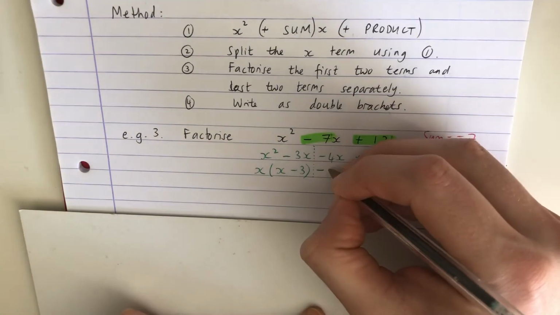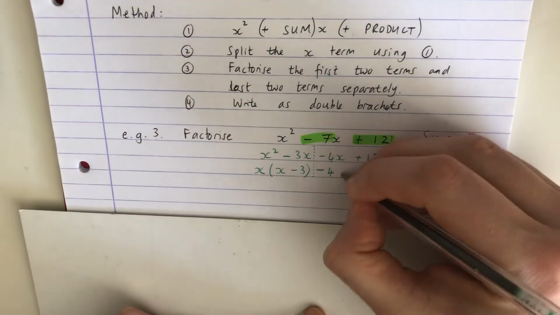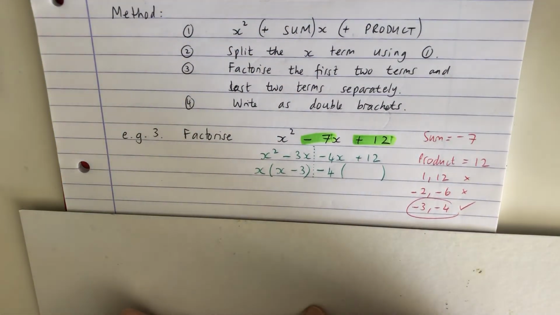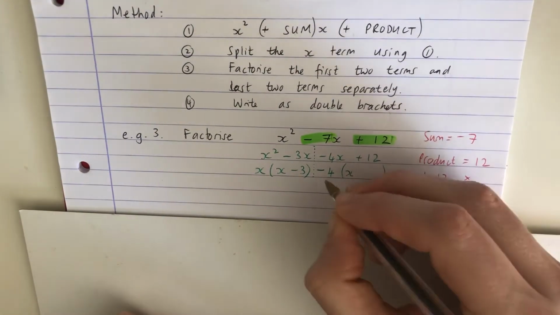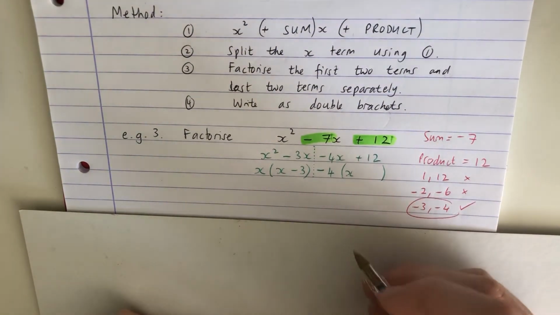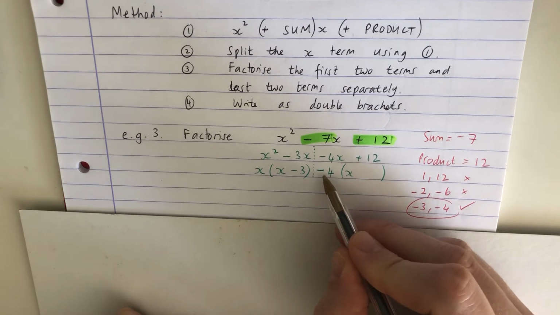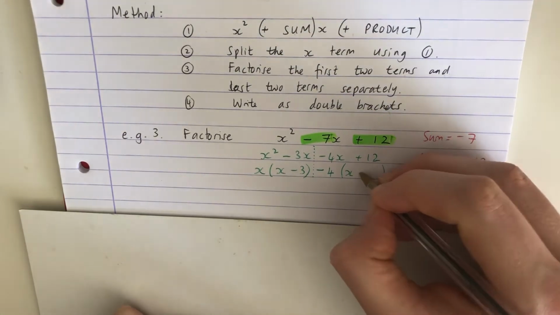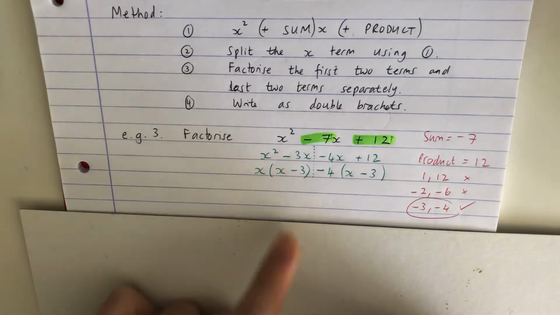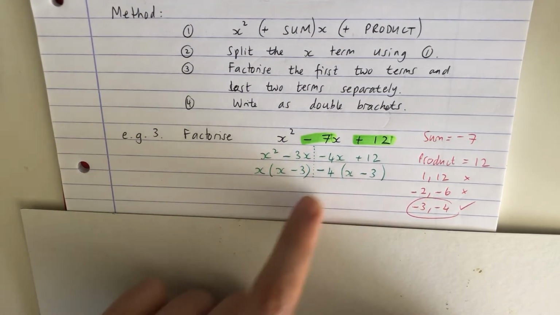It should be 4. So that's what I'm going to take out as a common factor. What would go inside the bracket? It'd have to be an x. Minus 4 times x gives you the minus 4x. But what would go in the other bracket? Minus 4 times what gives you 12? It would have to be minus 3. These brackets need to match up.